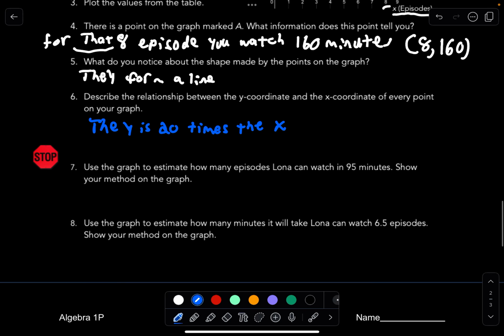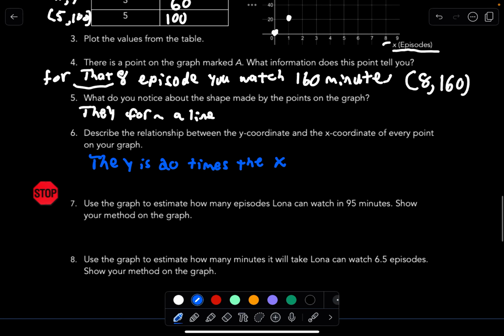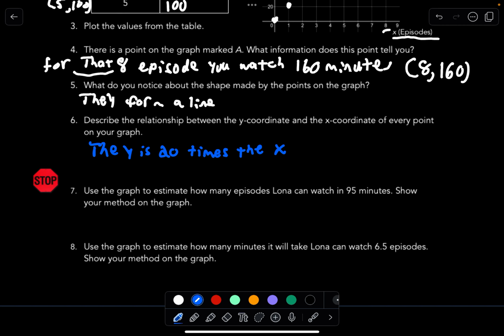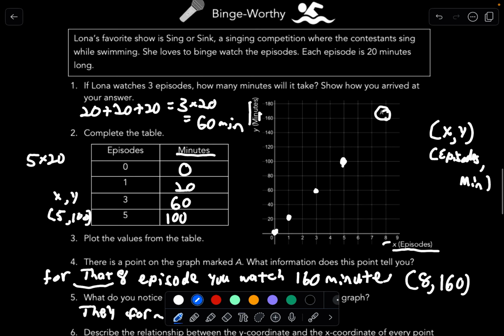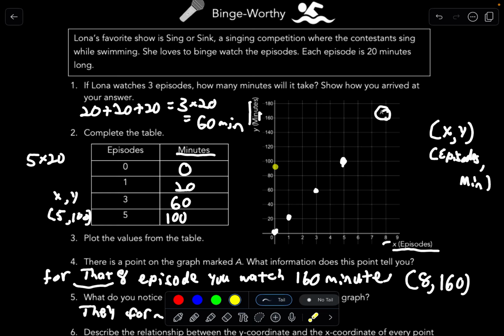All right, we're back. So to do this, the easiest way is go up to your graph. They want how many episodes Lona can watch in 95 minutes. So we go up here to where 95 would be. Okay, here's 95, roughly, right? Oh, my pen, I need a new pen. There it is.